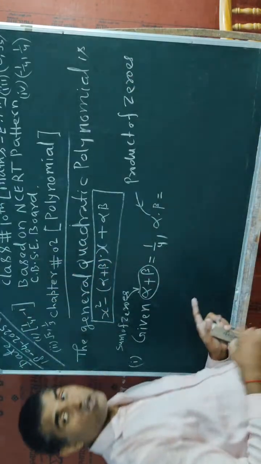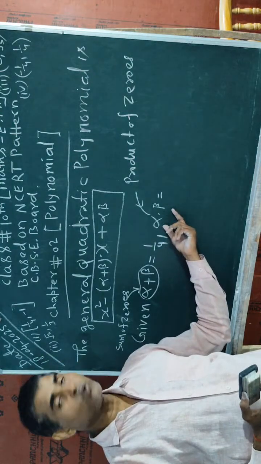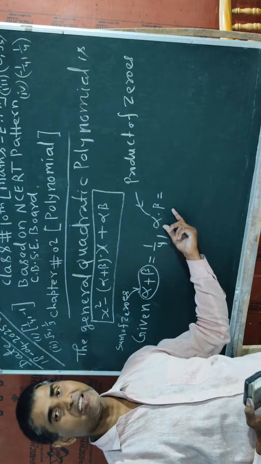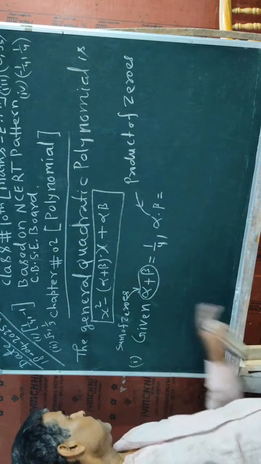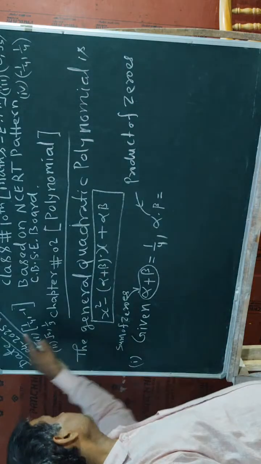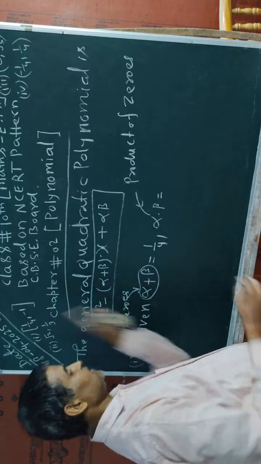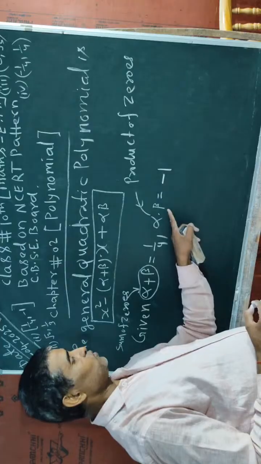Okay student, you properly listen to what I am speaking, and then you write it properly and clearly in your notebook, so that anyone can read easily and understand. Okay student, so the first term is given 1/4, that is the value of alpha plus beta, and the second term is given -1, that is the multiplication of alpha into beta.